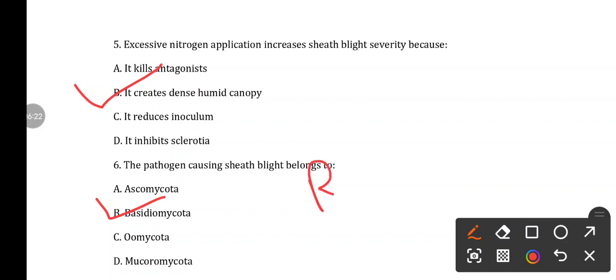Initially Rhizoctonia solani was grouped under the Deuteromycetes fungi, but as per the latest classification of Kirk et al. 2008, this Deuteromycete group was deleted. So the fungi were then placed either under Ascomycota or Basidiomycota. Now this sheath blight pathogen Rhizoctonia solani was placed under the Basidiomycota.